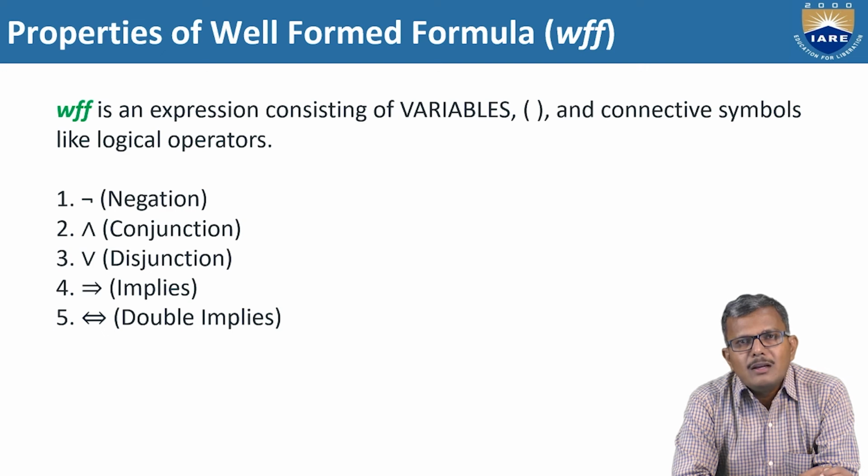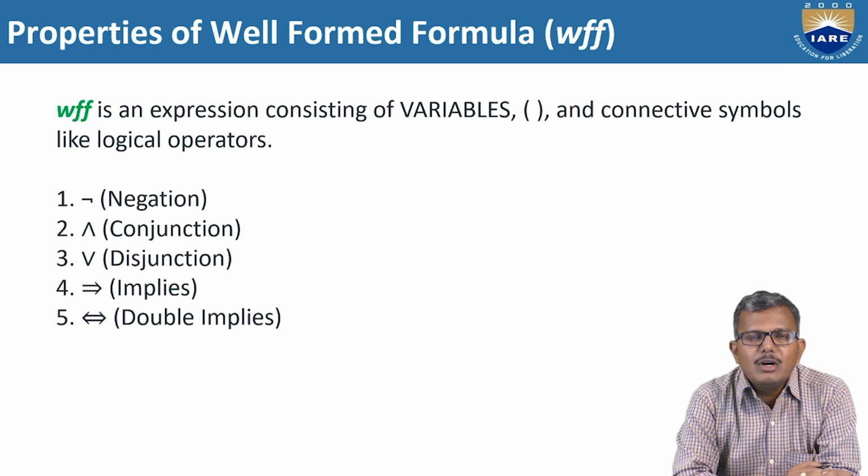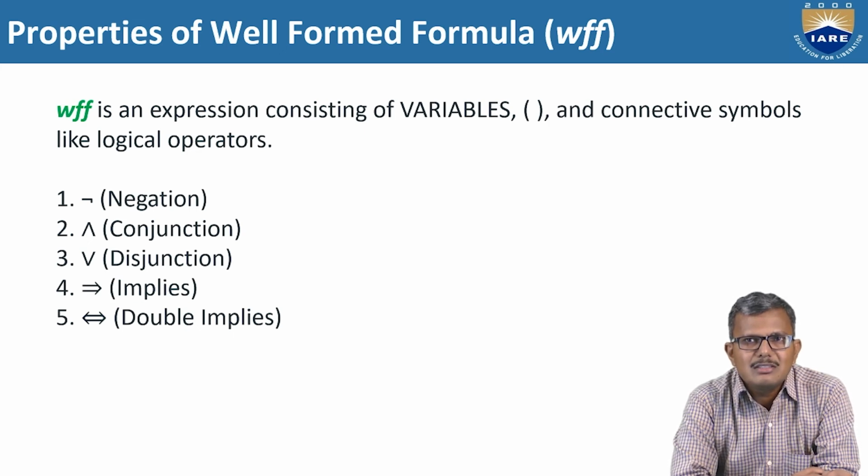So how is a WFF specifically represented? If you want to represent any English sentence as a well-formed formula, remember you need to take care of variables. Your well-formed formulas should have variables. They should have some parentheses and they should include some logical connectives, which we can call connective symbols or logical operators.